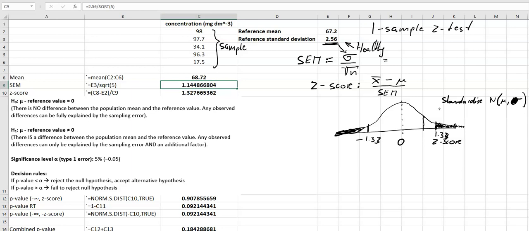And so we can do a little bit of hypothesis testing, and like with any kind of hypothesis testing, we start off with a null hypothesis.